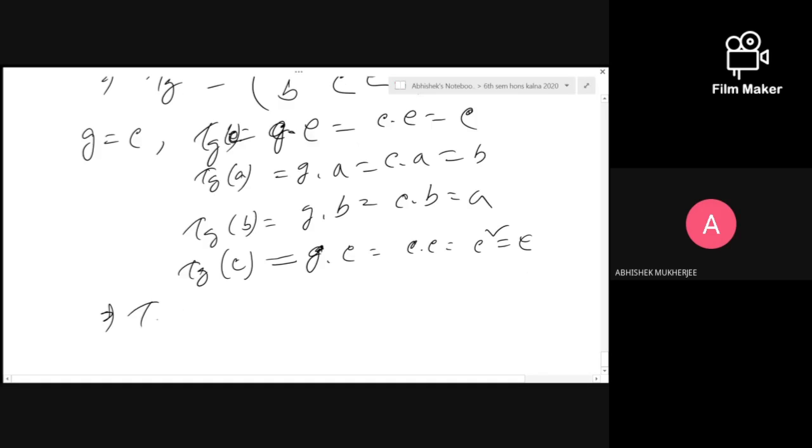So that means tau G is E A B C, where E goes to C, A goes to B, B goes to A, C goes to E. So it is (E C)(A B).